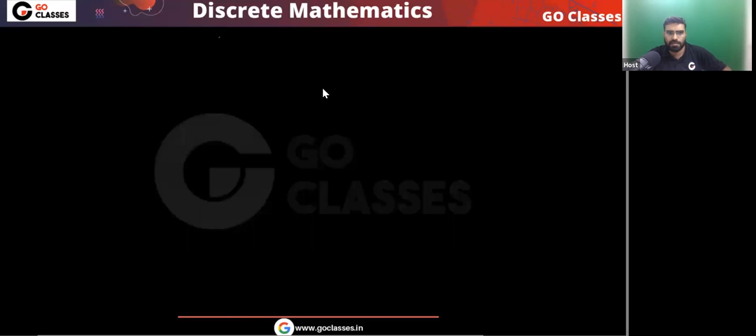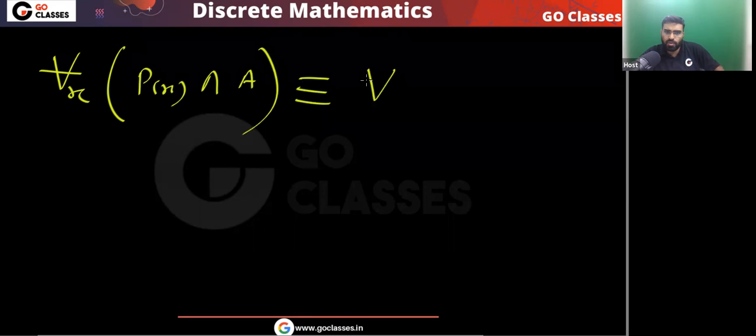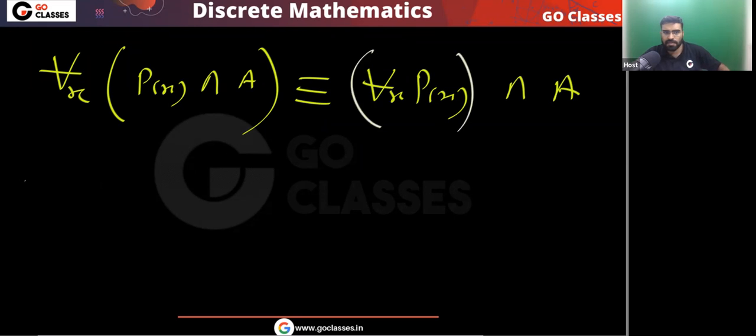Let's move on. So far, what we have seen is that for the universal quantifier, whether you put and or or, for all x Px and A is equivalent to for all x Px and A. Here you can put or also. So I can say you can put hash, and this hash can be and or this hash can be or.